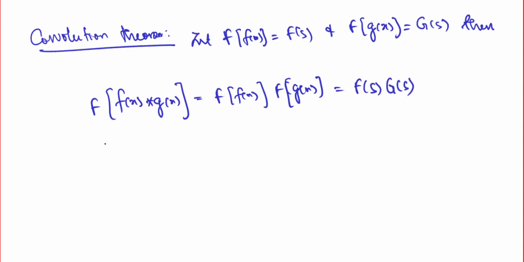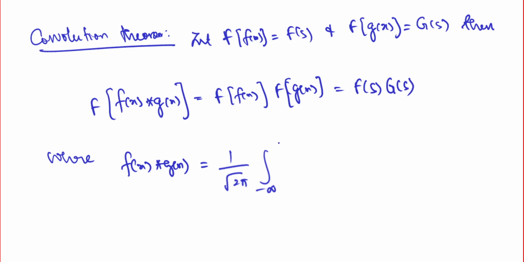Now, one thing I haven't defined is the condition here. f of x star g of x, which is what is called convolution, is defined as 1 divided by square root of 2 pi into the integral from minus infinity to plus infinity of f of t into g of x minus t dt.